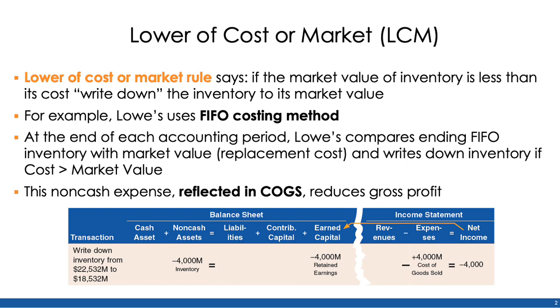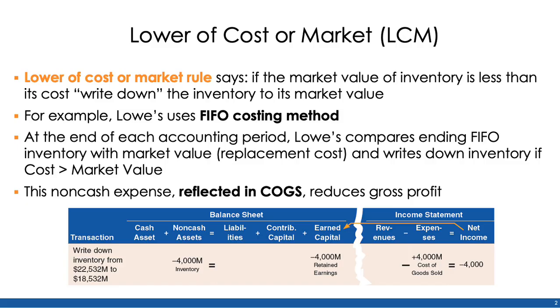It means that GAAP provides that if the market value of your inventory has dropped below its cost, whether that's FIFO, LIFO, or average, then you are required to mark down your cost of inventory to its market value, the lower of your reported cost or the market value.